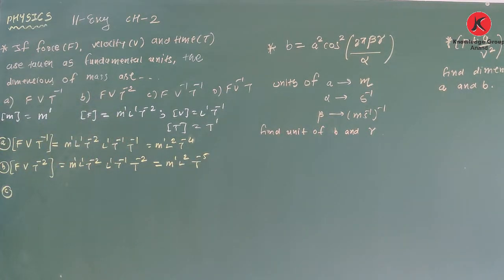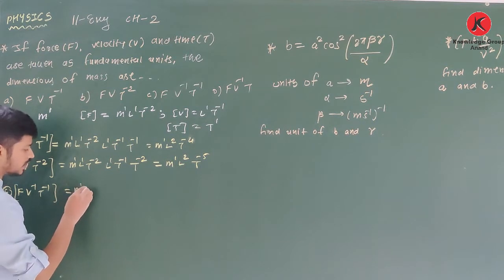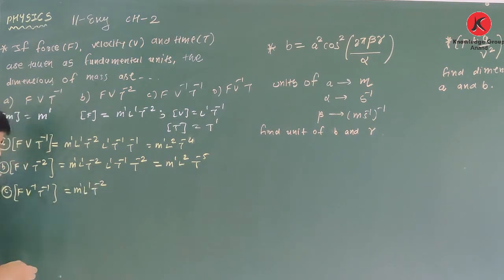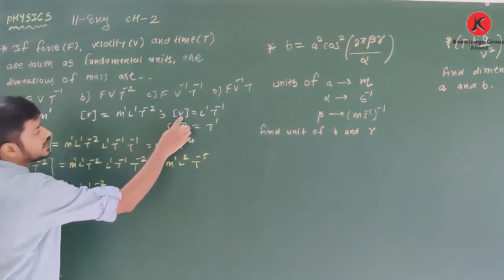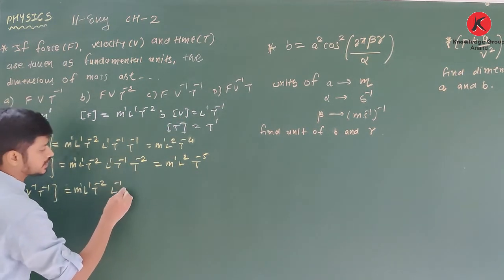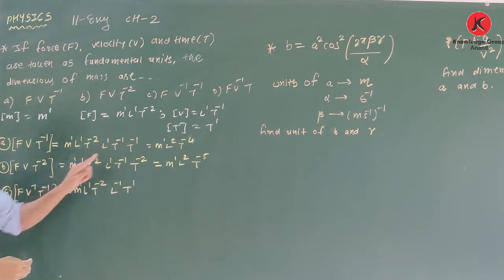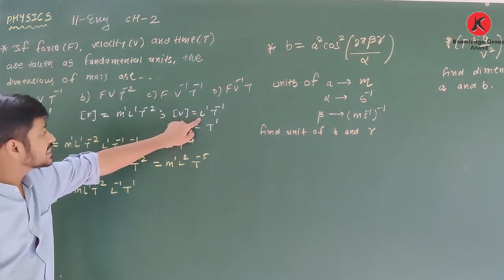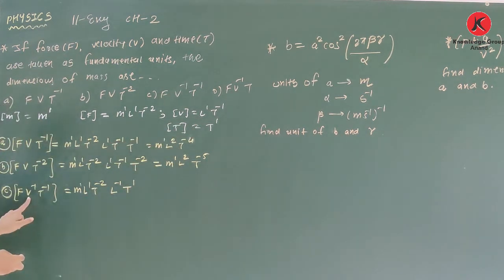Now option C. What is option C? F, V minus 1, T minus 1. Then what happens? F has dimensional formula M1 L1 T minus 2. V minus 1 means the inverse of the dimensional formula of V. If the dimensional formula of V is L1 T minus 1, what is the dimensional formula of V minus 1? L minus 1 T1.